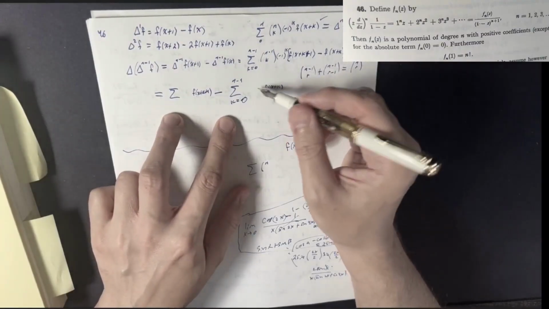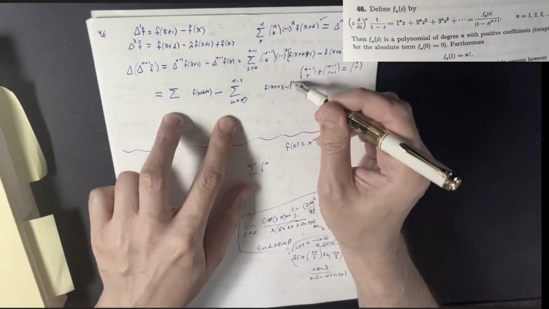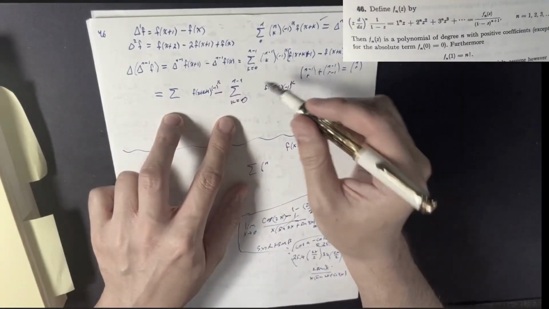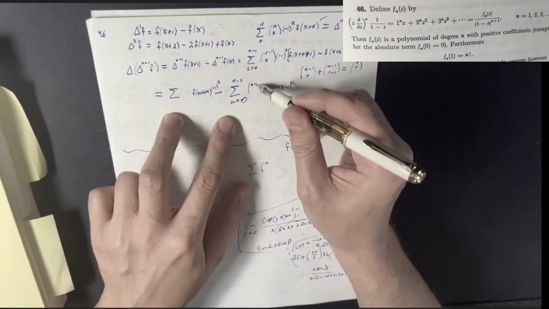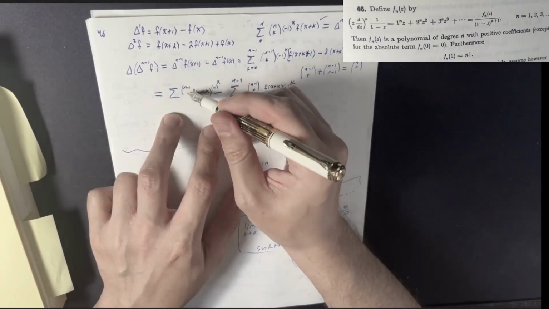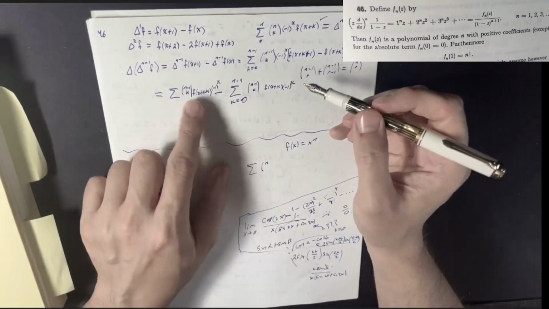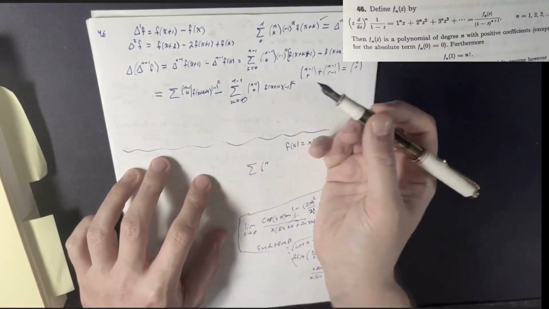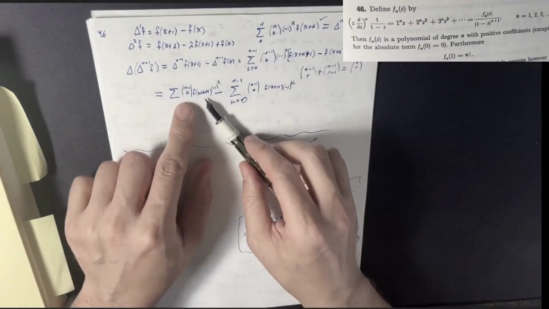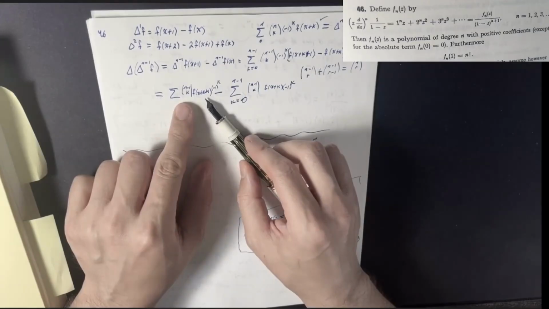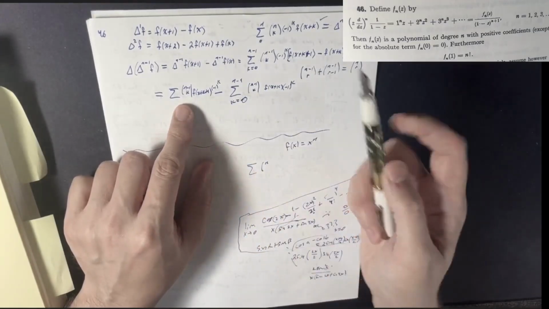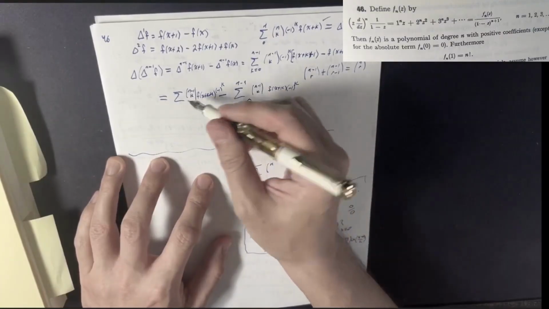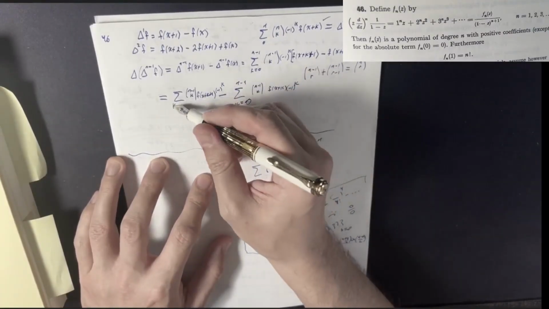Yeah, we got the alternating bit in both terms. And this is n minus 1 choose k in both terms. But I wanted to re-index this. So this is going to become k minus 1 if you subtract from the k's. Huh. It changes the sign of this too, right? This is what I get for being so sloppy.